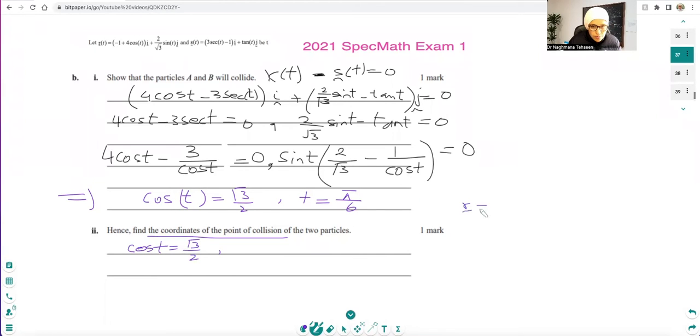So r would be, with pi on 6, cos pi on 6 is √3/2, right? Minus 1. So this will give you minus 1 plus 4√3/2, right, i, plus 2/√3 times sine pi on 6, which gives us 1/2.